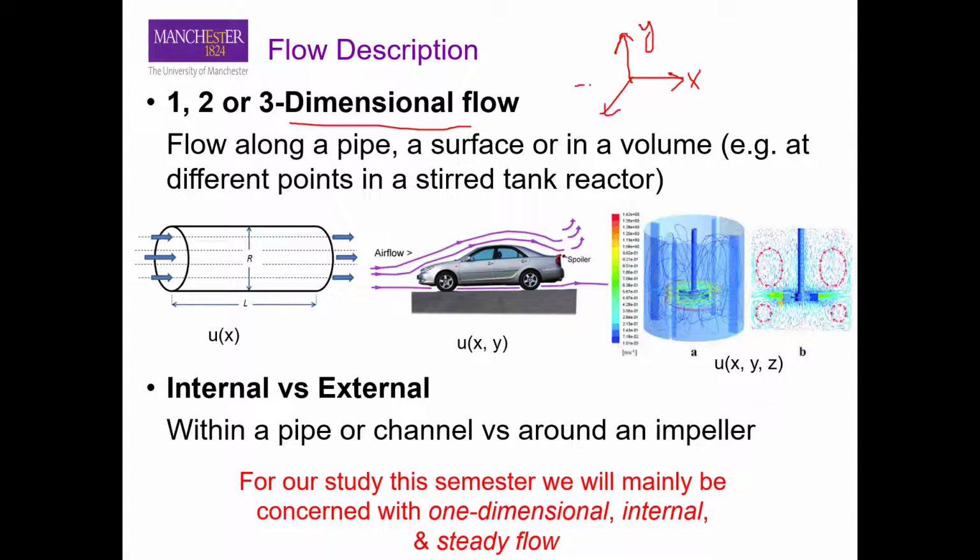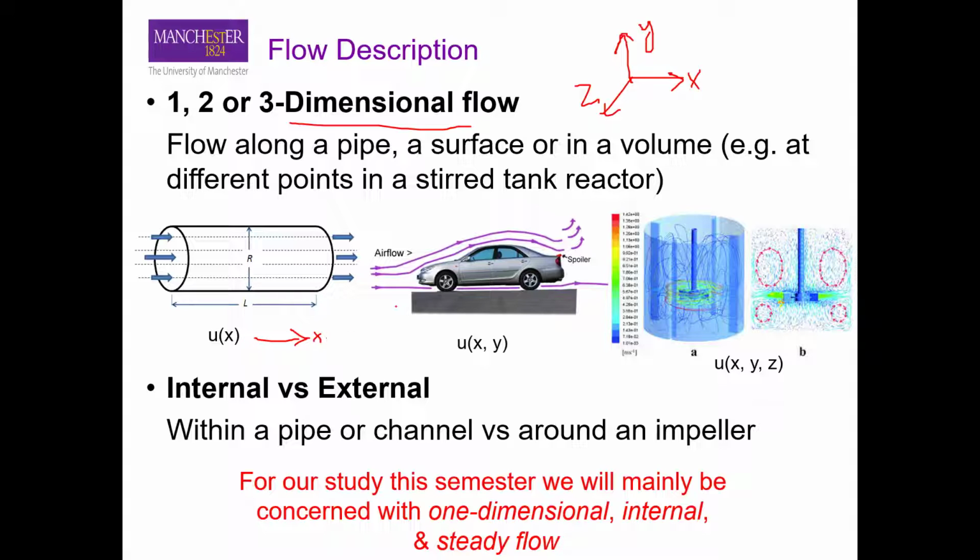Like a 3D model of your room or any object, we always have 3 dimensions. So we can have a unidirectional or one-dimensional flow if the velocity is changing in only one direction. For example, flow through a pipe, we can always approximate that the velocity is changing only in the x direction, so we can ignore the y and z components of this velocity.